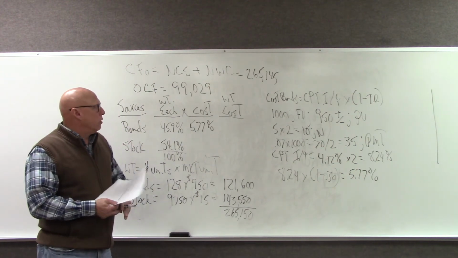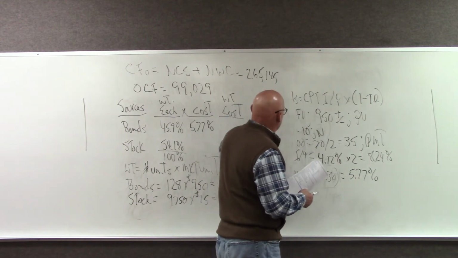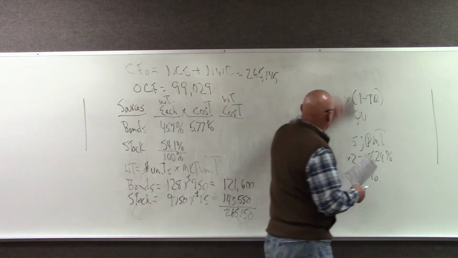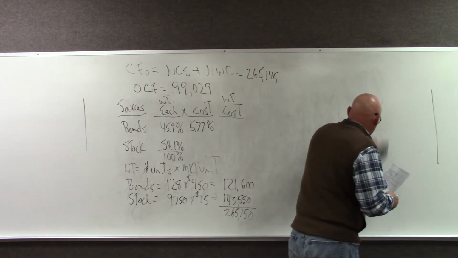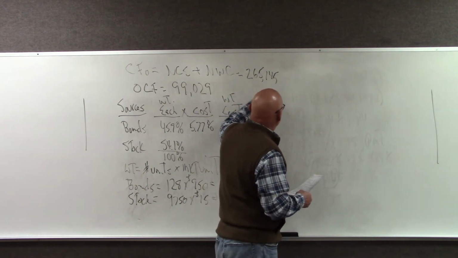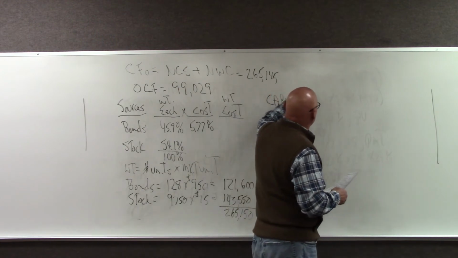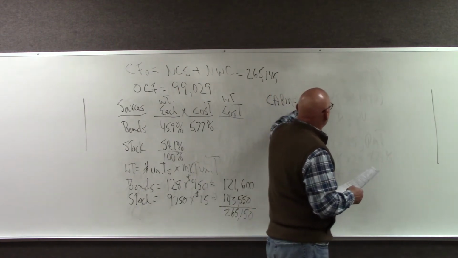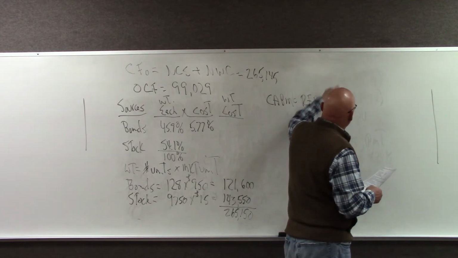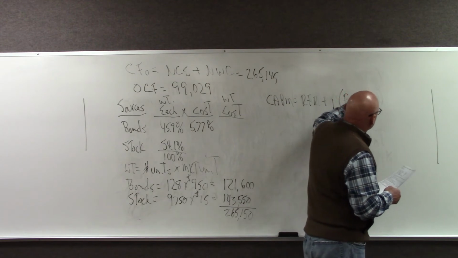Okay? Now let's do the cost of equity. And to do the cost of equity, we're going to use two methods. The first one is CAPM. And CAPM is equal to the risk-free rate, which is the Treasury bill, plus beta times the expected return for the market minus the risk-free rate.